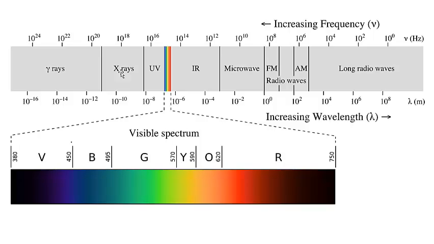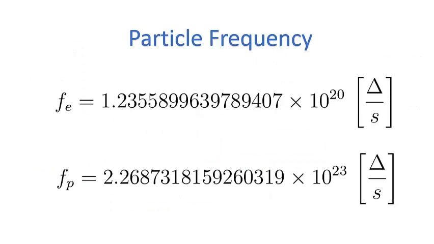X-rays come from electron interactions. And so it makes sense that the frequency of the electron particle must be at least above the frequency with which it can absorb and emit radiation. That is why the electron particle has a higher frequency than the X-rays it can emit.